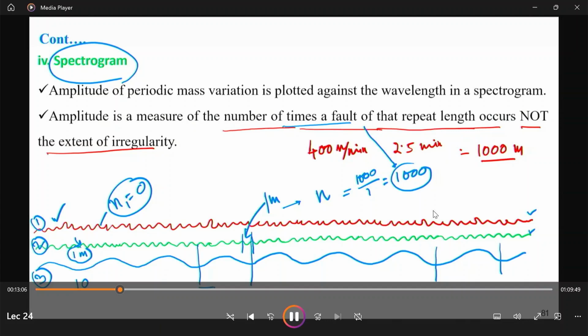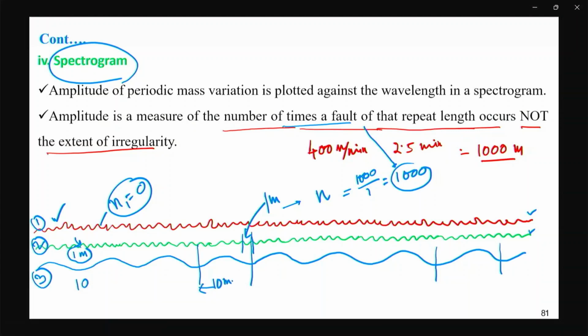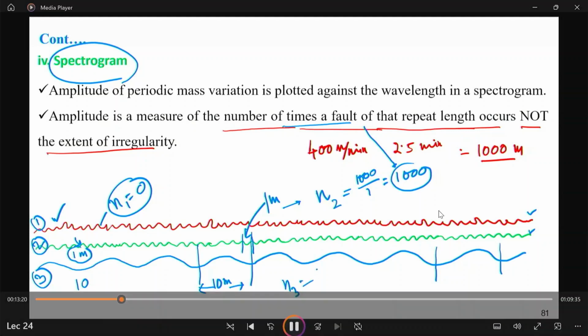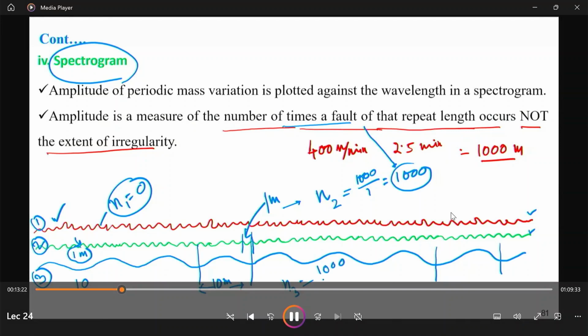On the other hand, if we see yarn 3 where the wavelength is 10 meter, the number of repeats will be 1000 by 10, it will be 100.